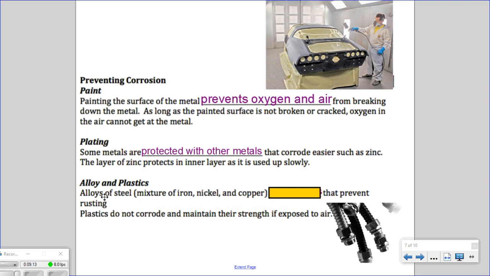So alloys of steel, which is a mixture of iron, nickel, and copper, form oxides that help prevent rusting. So steel is iron, but iron mixed with other things. And then plastics do not corrode and generally maintain their strength if exposed to air. So substituting the use of iron or metal compounds with that of plastics helps reduce the incidence of corrosion as well.